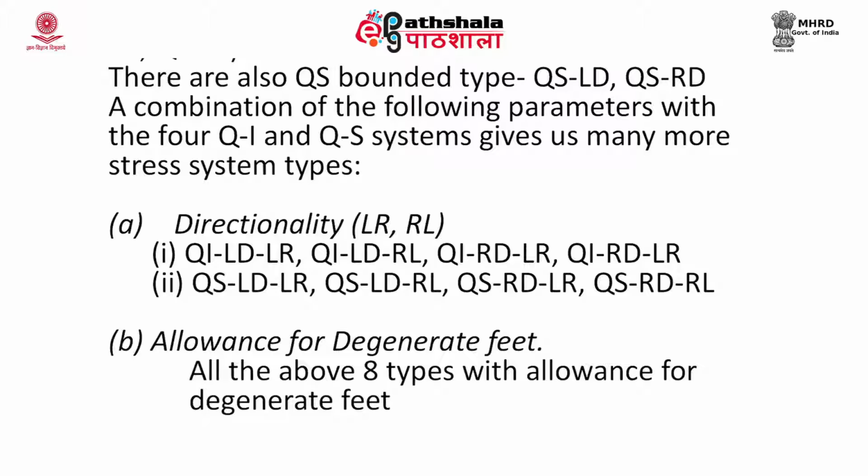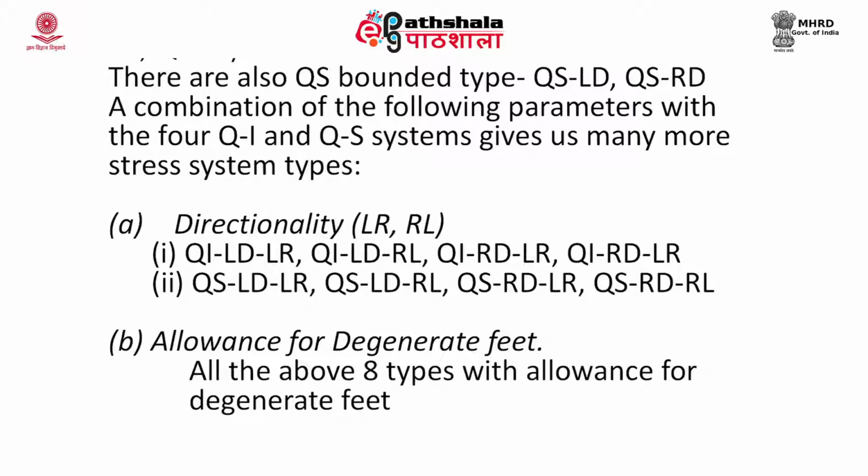We have looked at the bounded stress systems: quantity insensitive, left dominant; quantity insensitive, right dominant. And now, there are also other bounded systems, such as quantity sensitive, left dominant; quantity sensitive, right dominant. When we try and combine all of these, we get a typology like the one given here.